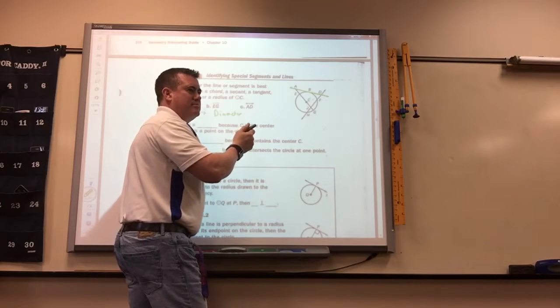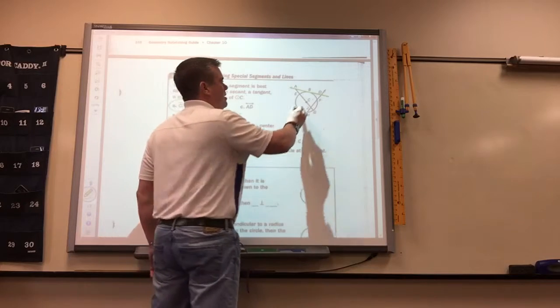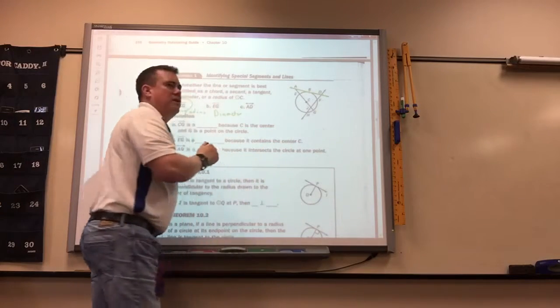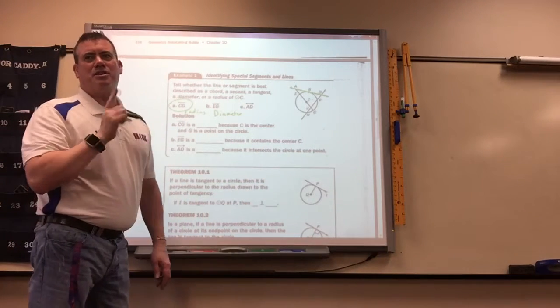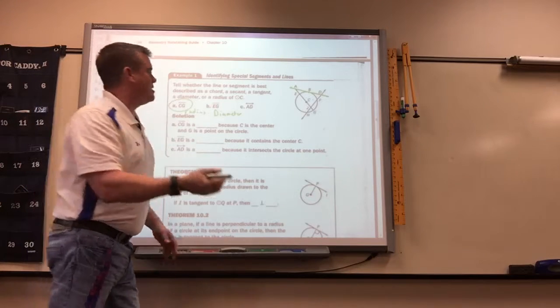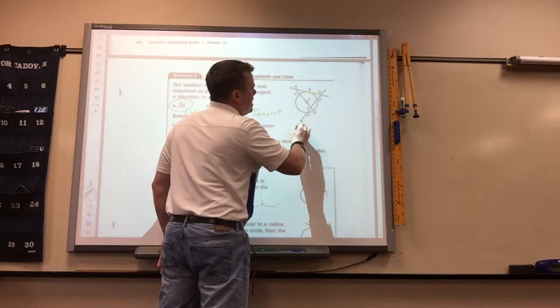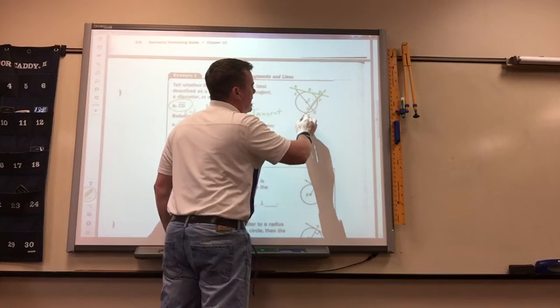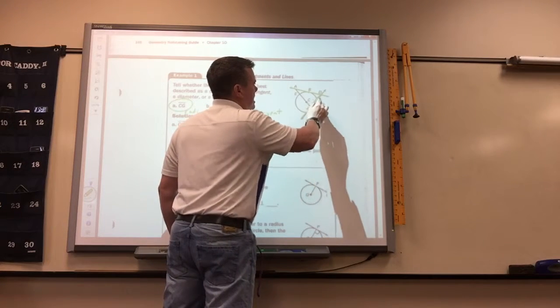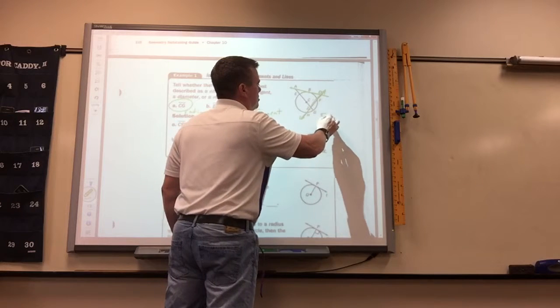What? No. It touches one point. What's that called if it just touches at one point? Oh, tangent. If they asked, line FH here is a secant because it's a line that cuts through.